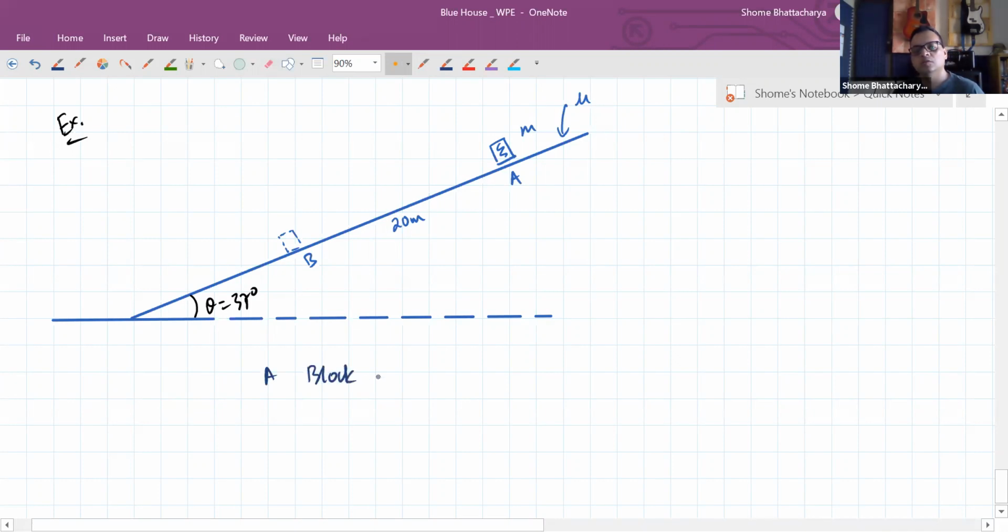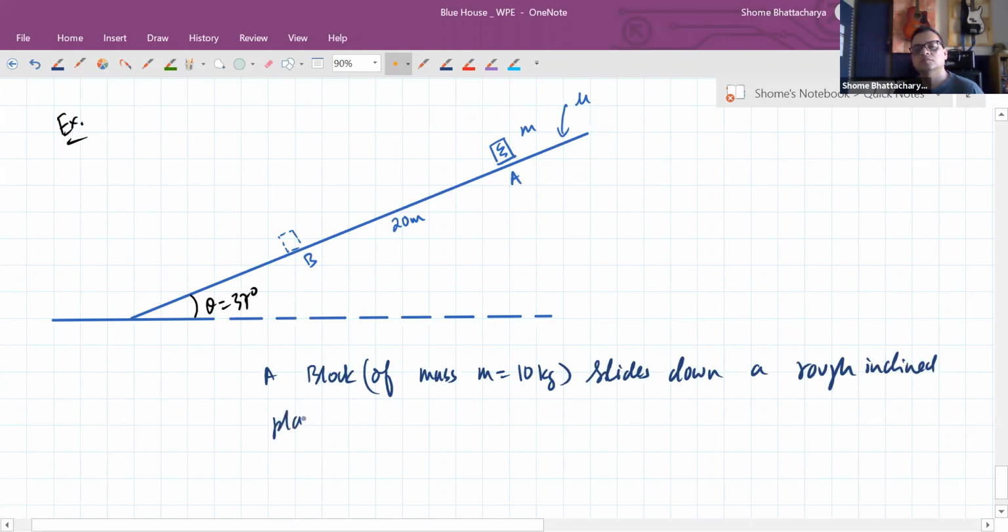A block of mass m equal to 10 kg slides down a rough inclined plane, mu equal to 0.5, let us say, from A to B, a 20-meter displacement.